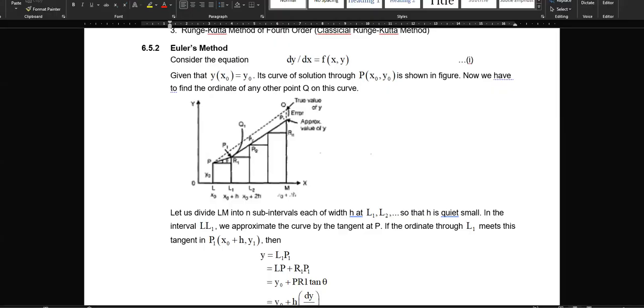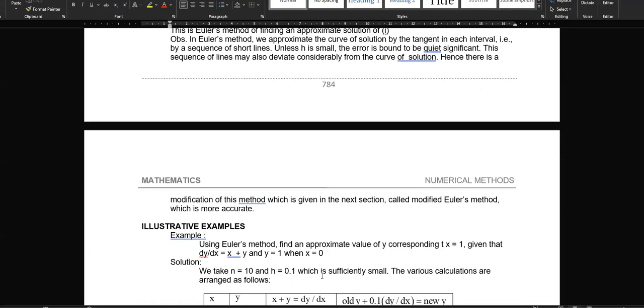Okay, let's do an example. I'll give an example here.